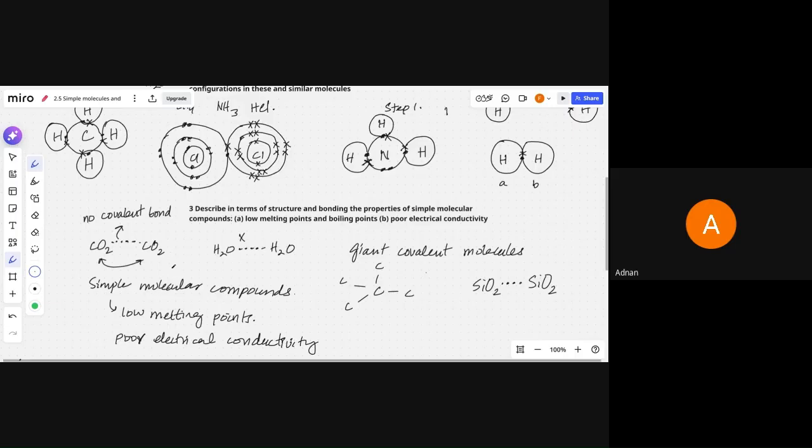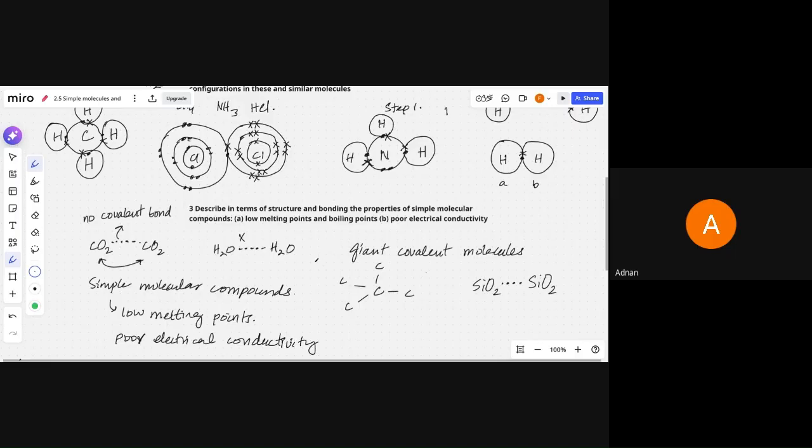We can say there are weak intermolecular forces, right? And why do they not conduct electricity? The reason is that there are no delocalized electrons, or no free electrons to move, so they don't conduct electricity.